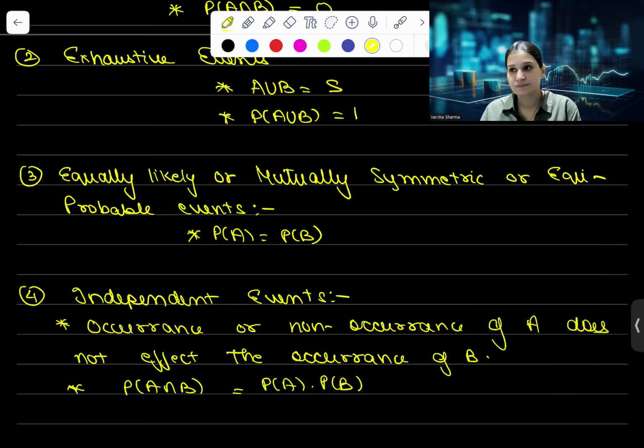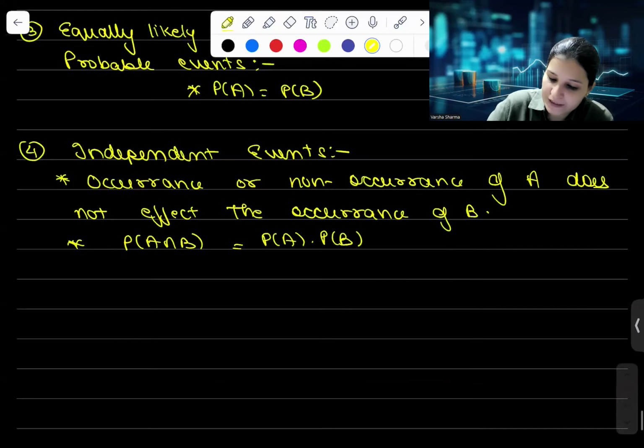Written till here? Yes, ma'am. Now, there are 3 different definitions of probability. We will use only one, but for theory purpose, we have 3 definitions.